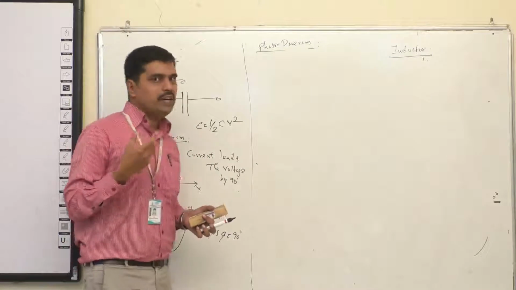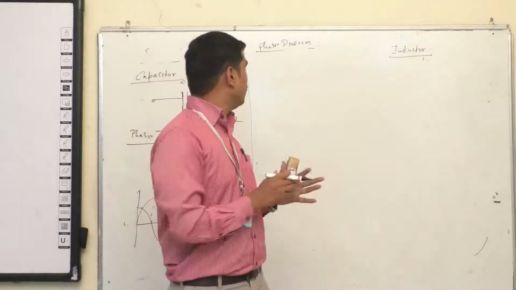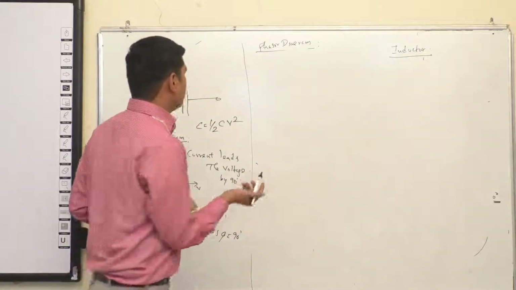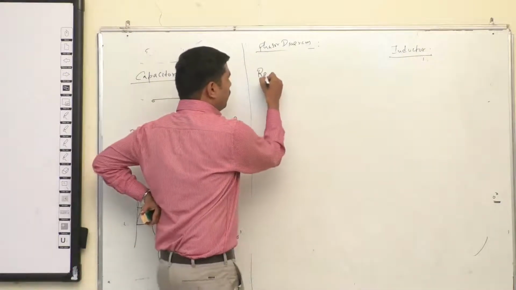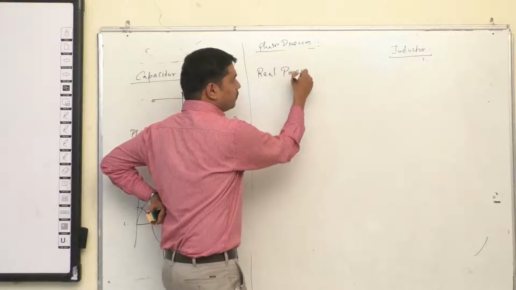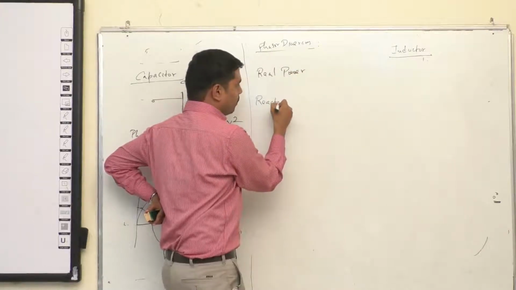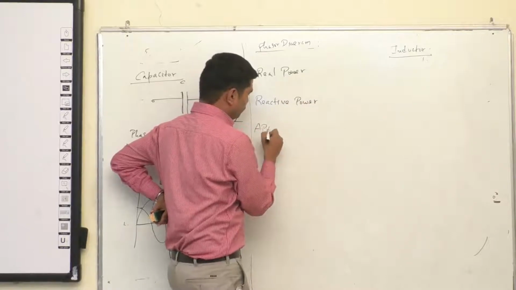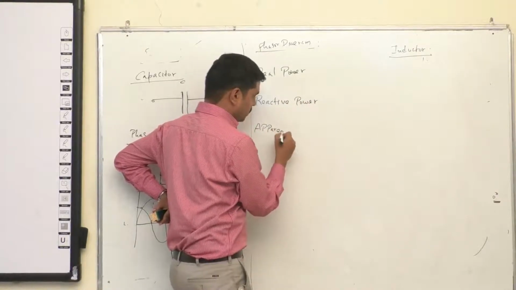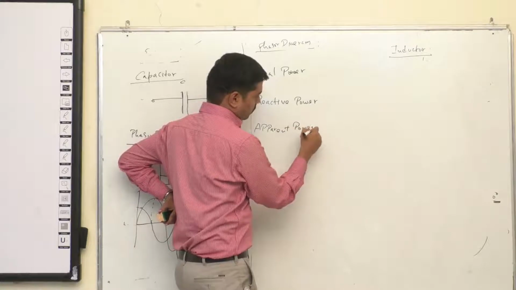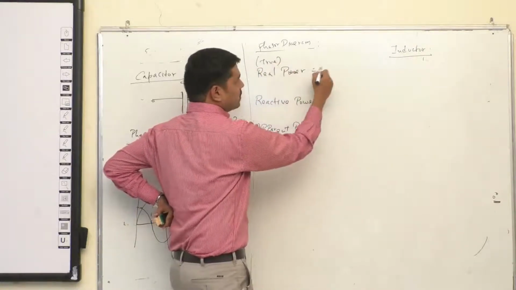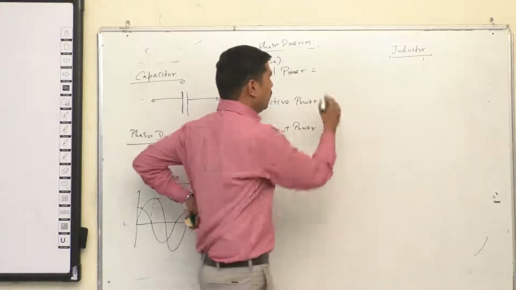Now we are going to see how it appears in the power system, and how it creates some problems. First we see real power, reactive power, and apparent power. Real power means true power, which is what we are getting in homes.